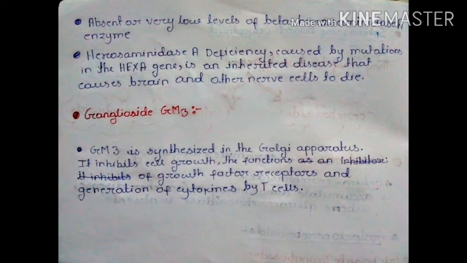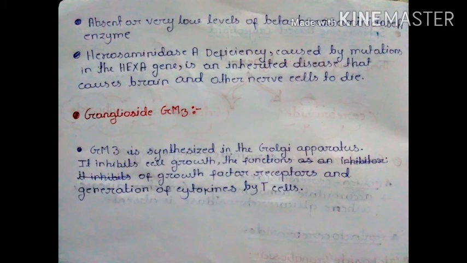So absent or very low amounts of beta hexosaminidase A enzyme are associated with a disease called Tay-Sachs disease. What is the role of hexosaminidase enzyme? It has a role in the brain and other nerve cells to work normally.